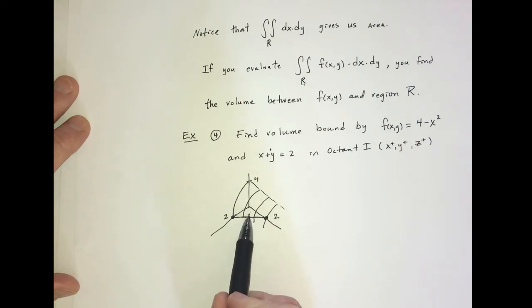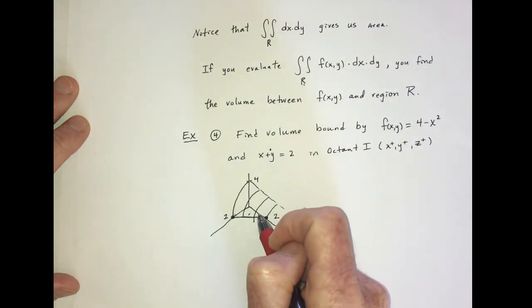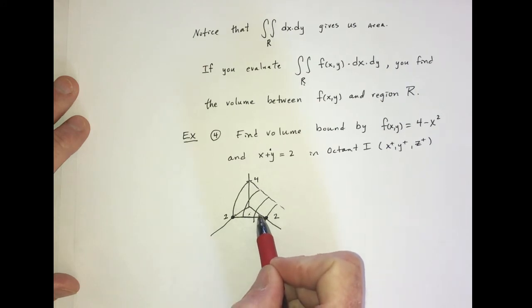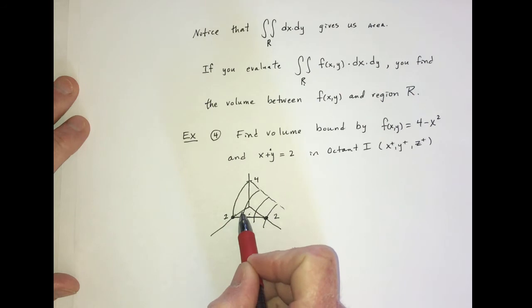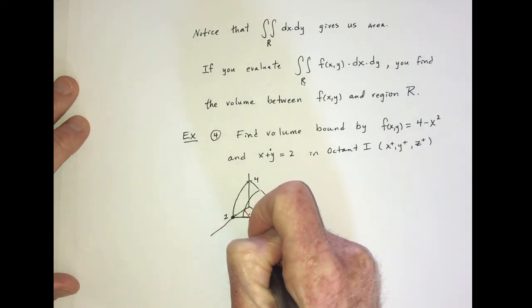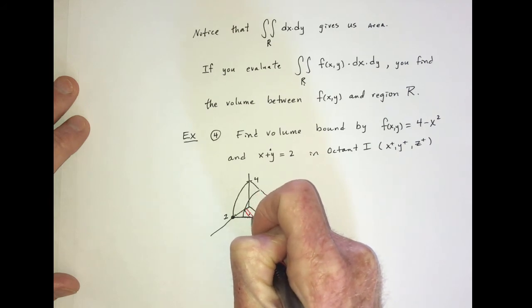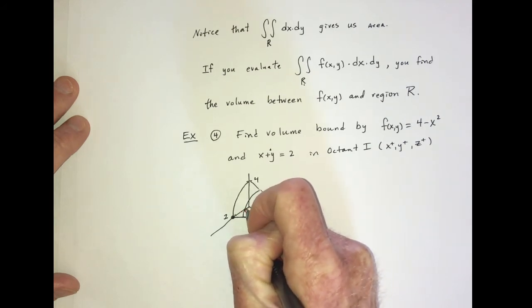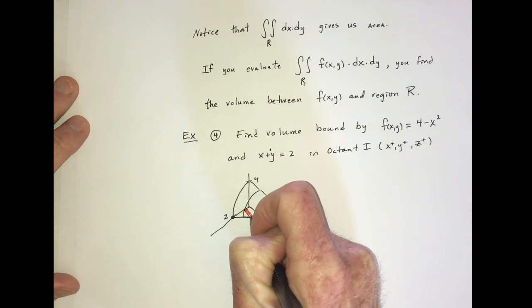So now in that region, we need to draw the representative rectangle. In this particular shape, you could have the rectangle go from the y-axis out to the line, so it could go this way, or it could go from the x-axis to the line. I'm going to have it go from the x-axis to the diagonal line. So this is my representative rectangle.